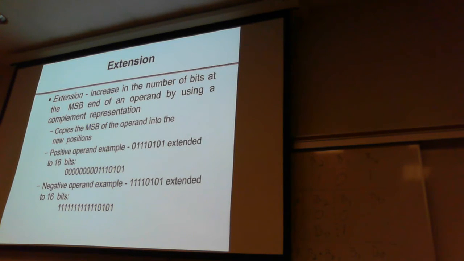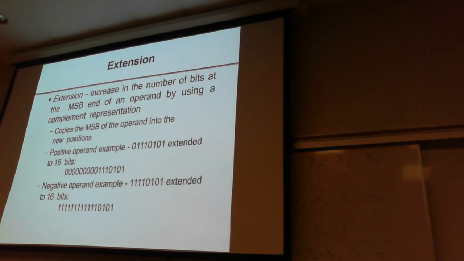Another operation that we sometimes need to perform in the hardware is that of extension. This is the case where I want to take some number and put it into a larger number. If I took a number from some register that's smaller than a full word and moved it to a full word operation, that would be an extension.